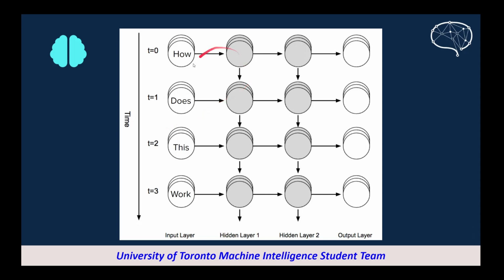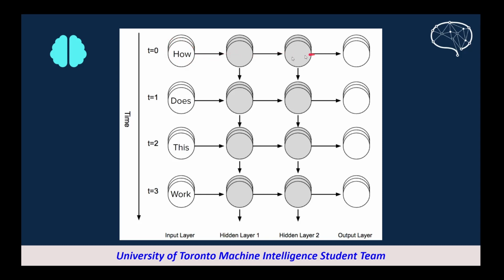A recurrent neural network like this, however, is able to remember those words in a sentence because of its internal memory. It produces output, copies the output, and loops it back into the network. So simply put, recurrent neural networks add the immediate past to the present. Therefore, an RNN has two inputs, the present and the recent past. So like this, at t equals 0, initially we have input "how".